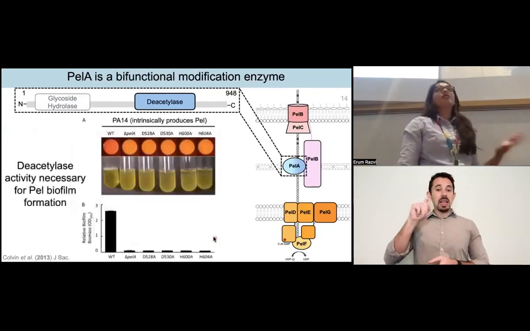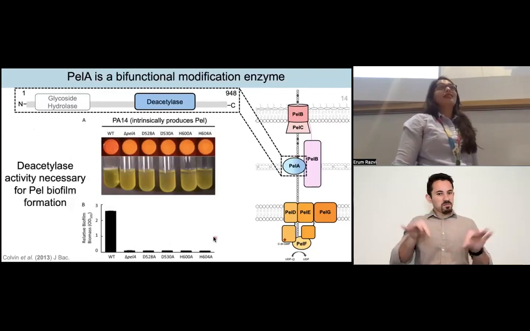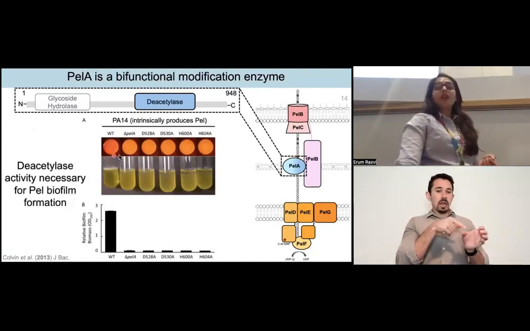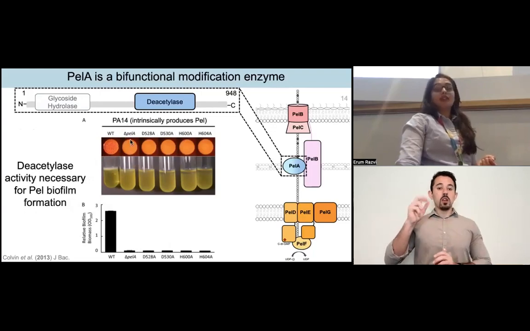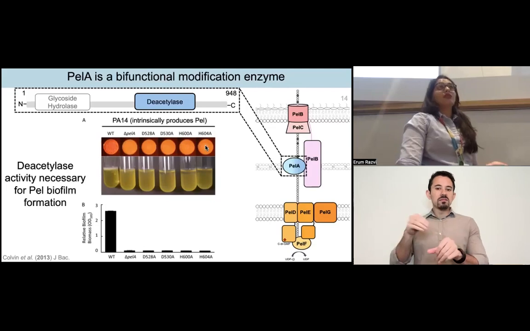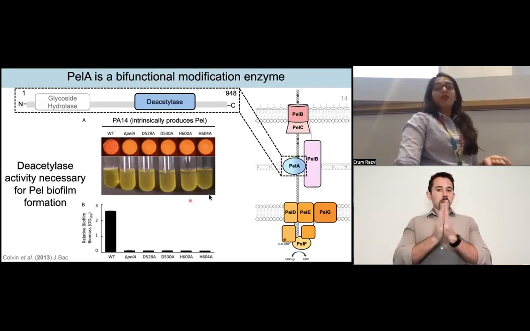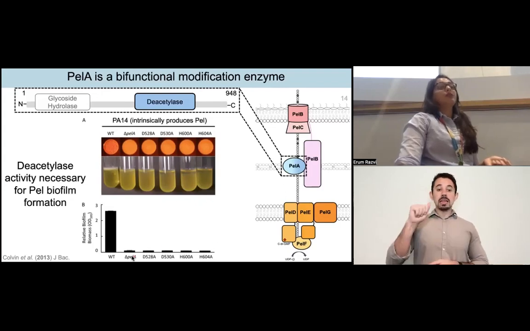In addition, it was also found that deacetylase activity is necessary for the formation of biofilms. Wrinkly colonies, indicative of exopolysaccharide, seen in the wild type, was lost in the PelA deacetylase mutants. They were instead smooth. Deacetylase mutants also formed no pellicle, and they had reduced adherence.